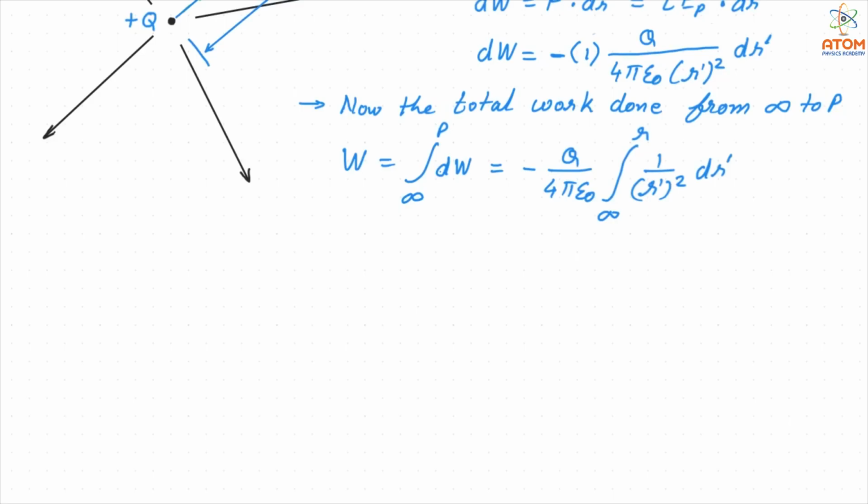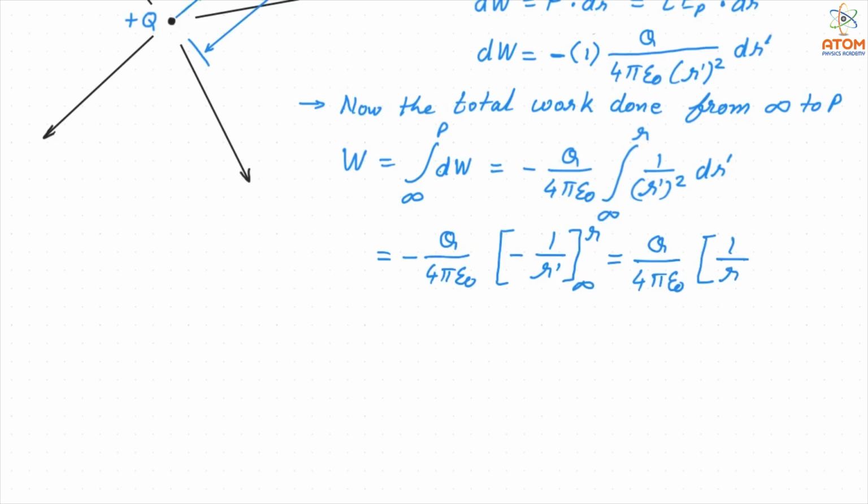Now solving this, we will get minus Q upon 4 pi epsilon 0, and this integration of 1 upon r dash square will become minus 1 upon r dash only from the limit again infinity to r here. So now this minus minus will be cancelled out, and the remaining term is Q upon 4 pi epsilon 0, and by putting the values of the limits, this is 1 upon r and here is 1 upon infinity.